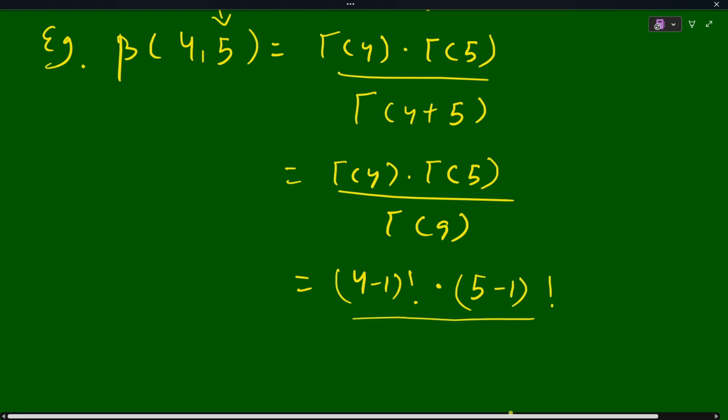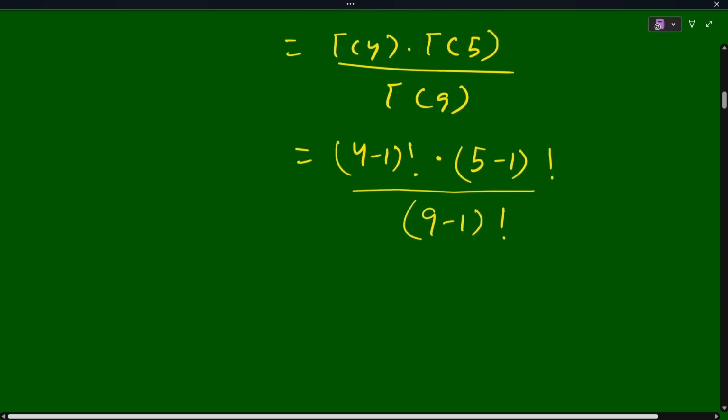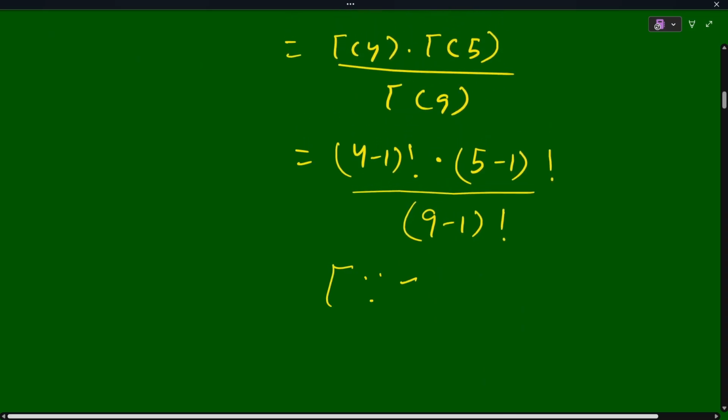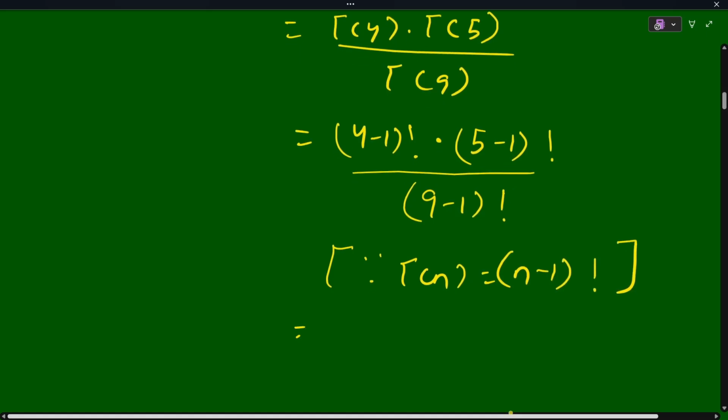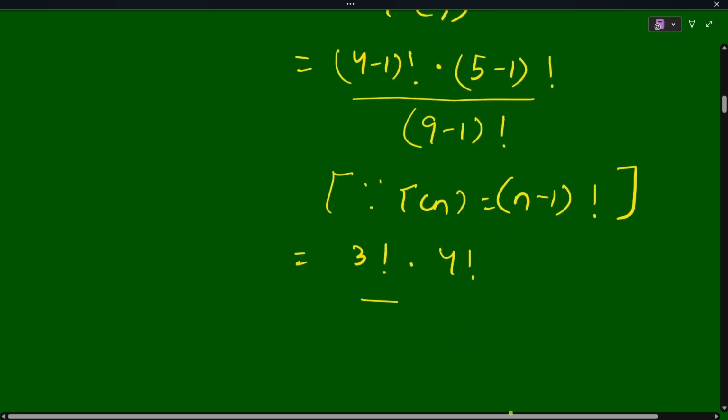That would be 9 minus 1 factorial. And what is the formula here? The formula is gamma of n is equal to n minus 1 factorial. Now let's solve a little bit. This is 3 factorial, this is 4 factorial, and this is 9 minus 1, that is 8 factorial.